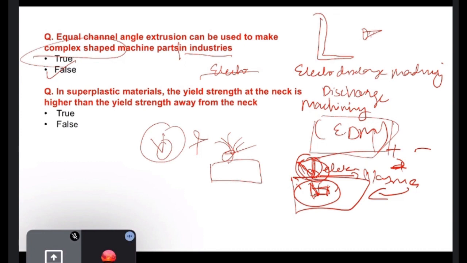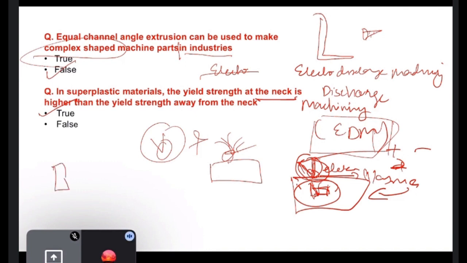Yeah. So next question: in superplastic material, the yield strength at the neck is higher than the yield strength away from the neck. True or false? True, ma'am. Right. Why? Why is it true? Do you understand what the neck is?